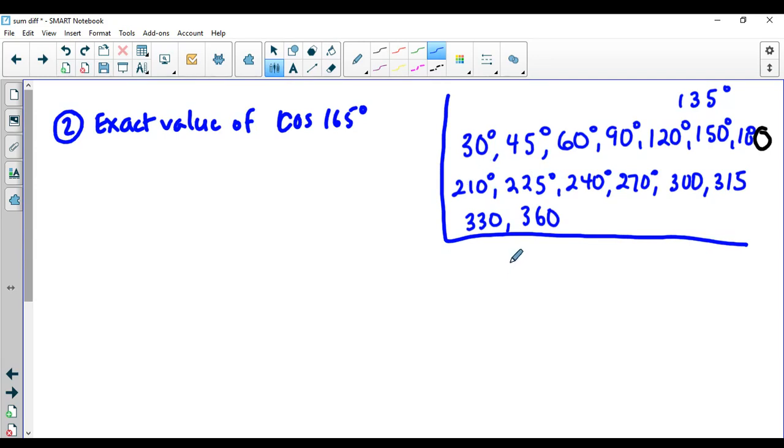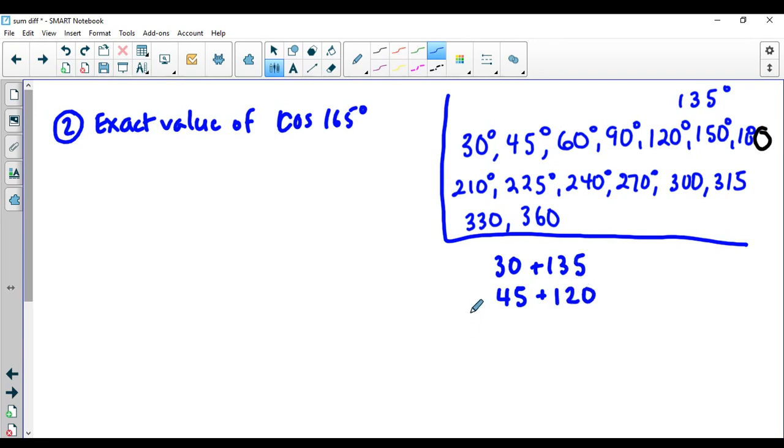So 165, usually what I do is I start at the beginning, and I say 30. 165 minus 30, that's 135. Good, we already have one. So we have 30 plus 135. 165 minus 45 is 120. So 45 plus 120.